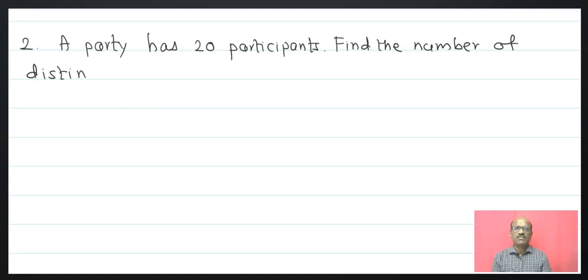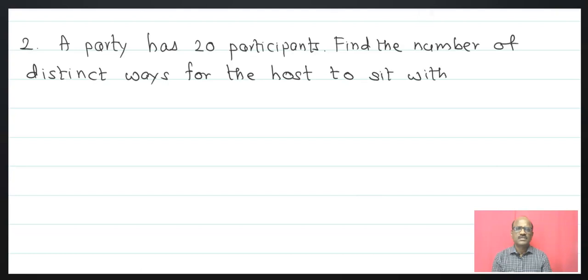Find the number of distinct ways for the host to sit with them around a circular table.